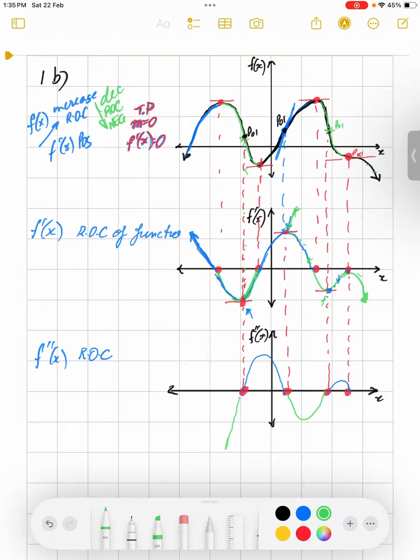So positive, and now we've got a negative. All right. It's positive.